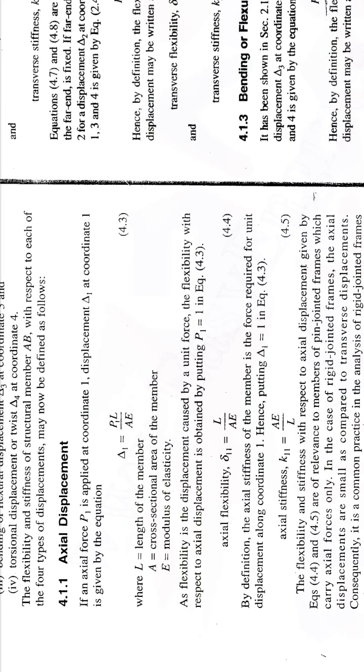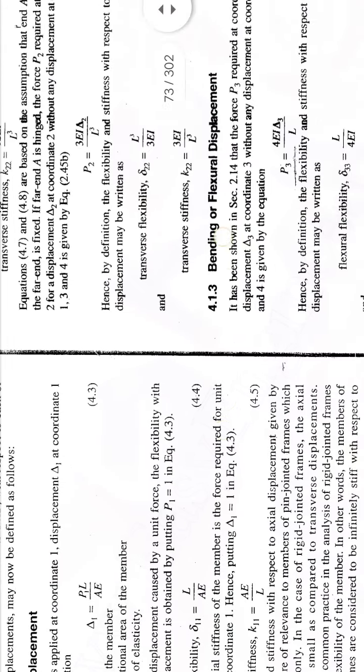So PL by AE is the formula; when a unit load of 1 kilonewton P is applied, delta 11 becomes L by AE, whereas K is AE by L. Delta and K are similar, but the change is that the inverse of flexibility is the stiffness.